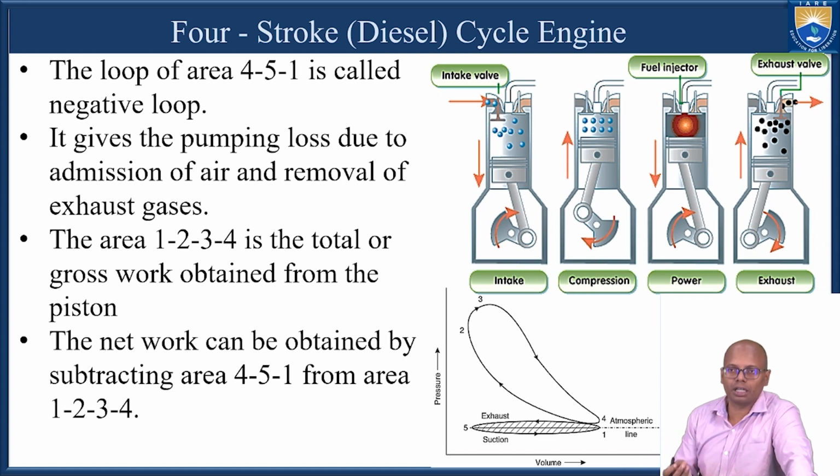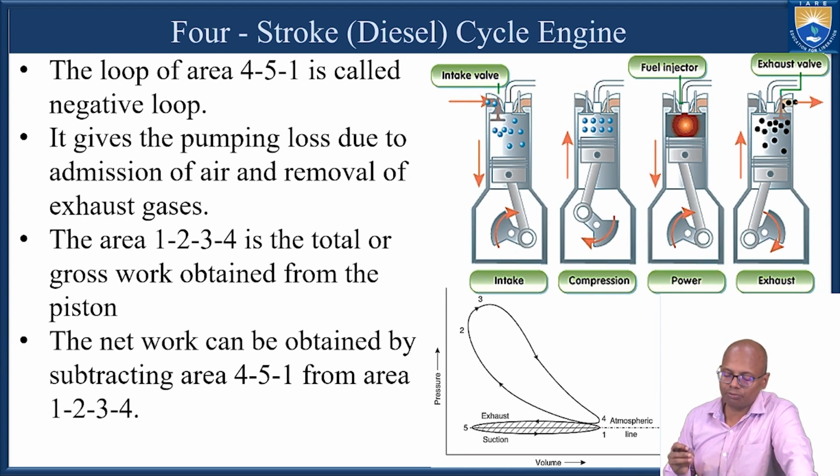Some work will be consumed by the IC engine, and that work is the negative work. The cycle 1, 2, 3, 4 is the main cycle, which is producing the work.